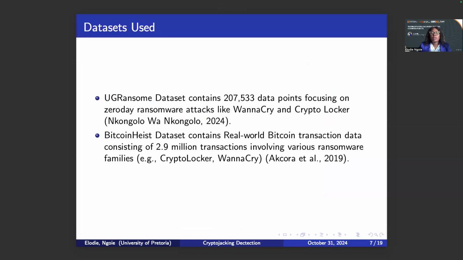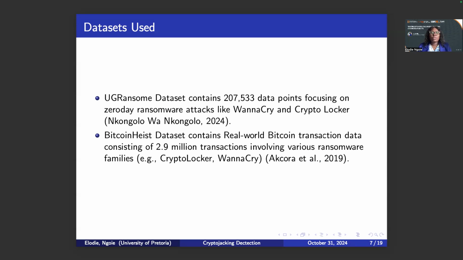For analysis, we have used two datasets, namely UGRansome and the Bitcoin datasets. UGRansome contains over 200,000 data points focused on zero-day ransomware attacks like WannaCry, cryptojacking, etc. And Bitcoin is a bit larger than the former.